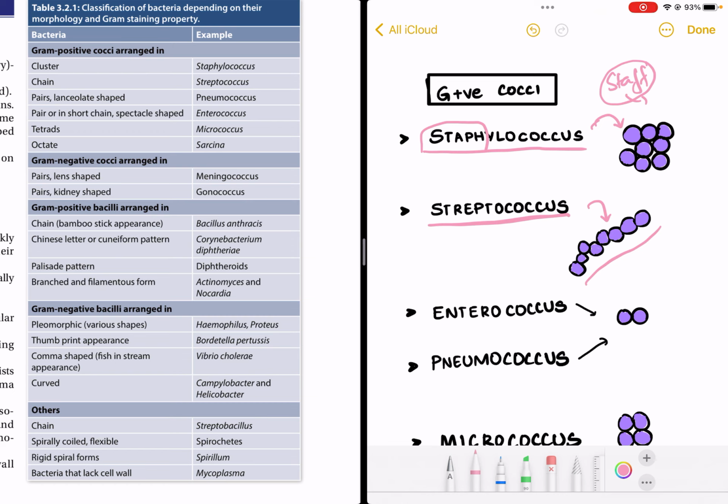So staff is always for cluster. What about strep? When I say the word strep, remember it is strip. And you know that a strip is always thin and something similar to a chain. So you remember that cluster arrangement is for Staphylococcus and chain arrangement is for Streptococcus by remembering strip for strep.